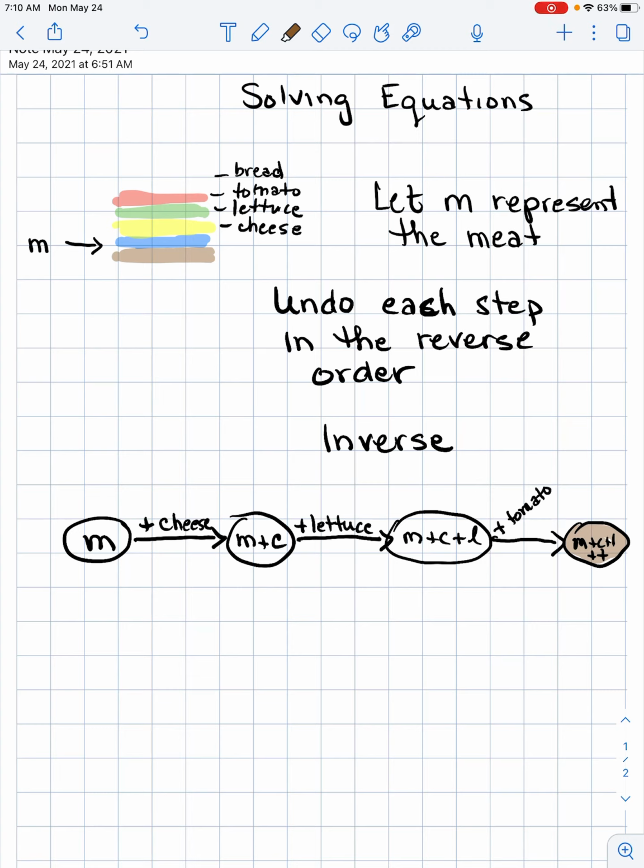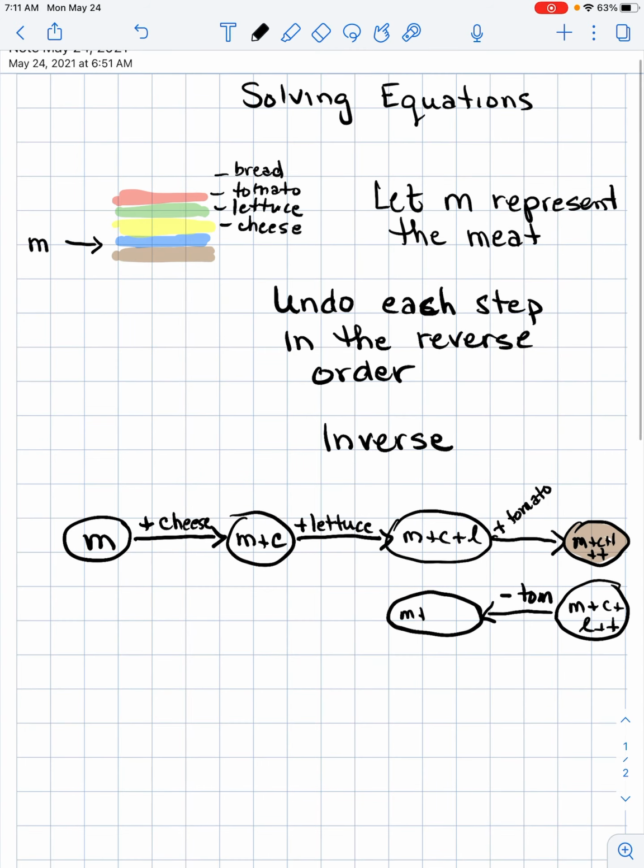But what I want to know is, what did I start with? Well, the best way to do that is to start with the sandwich, meat plus cheese plus lettuce plus tomato, and work backwards. So first I'm going to subtract the tomato. And what am I going to get? I'm going to get meat plus cheese plus lettuce.